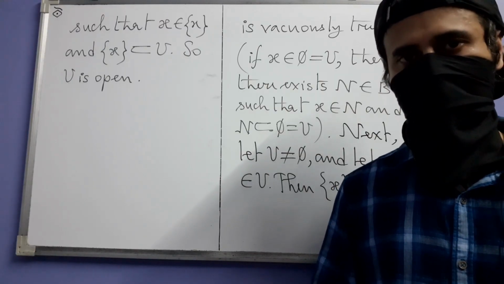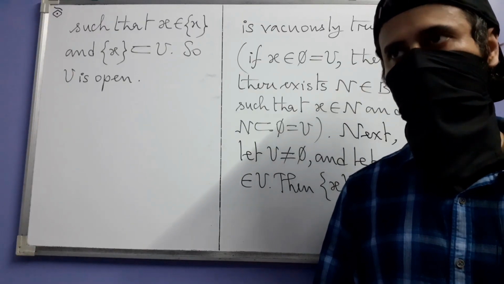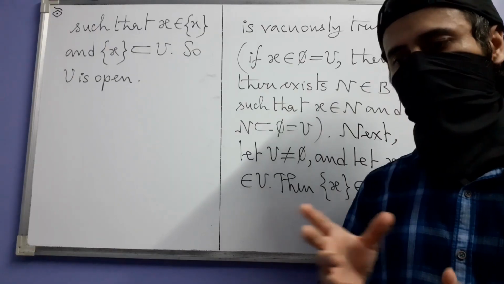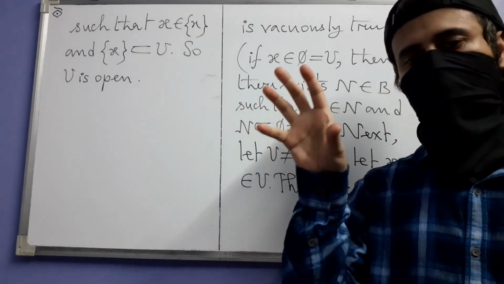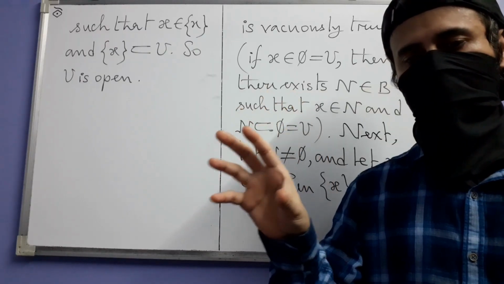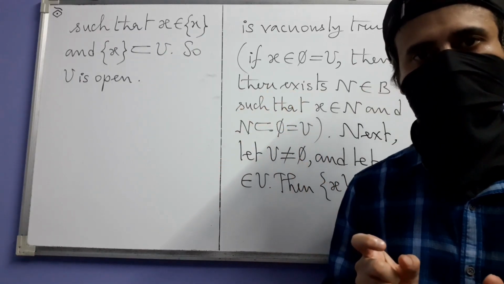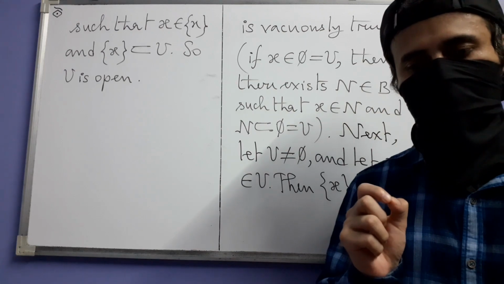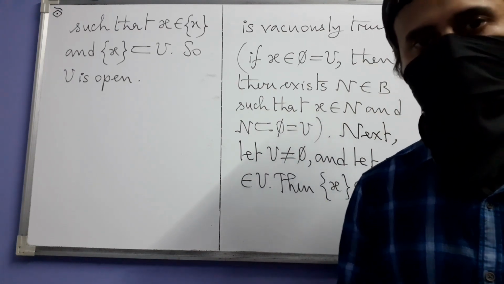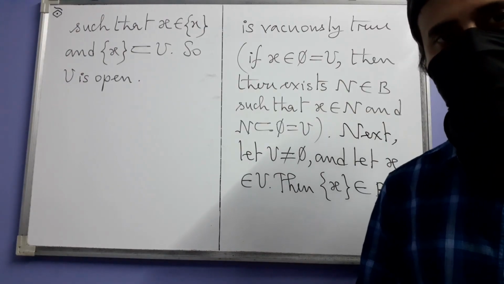And then there are other things also. We will see how we can decide only from bases. Say two topologies are given, but we don't really know them fully, but instead their bases are given. How we can decide only from looking at the bases which one is finer, which one is coarser. So these things are also there.